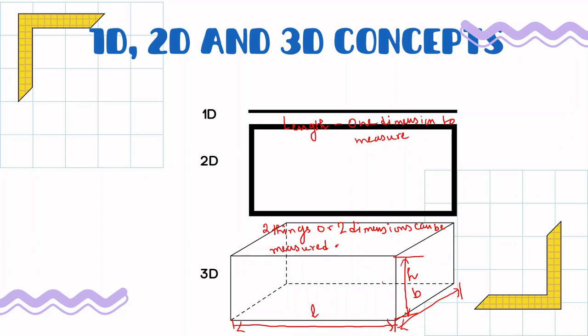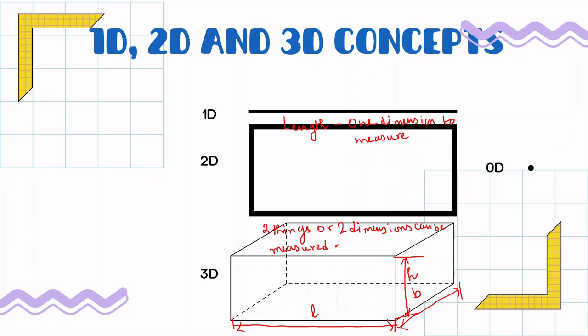Now if I ask you about anything which has no dimension, that means it has an existence but there is no dimension that can be measured for it. So what is zero dimension? A 0D figure is a point.